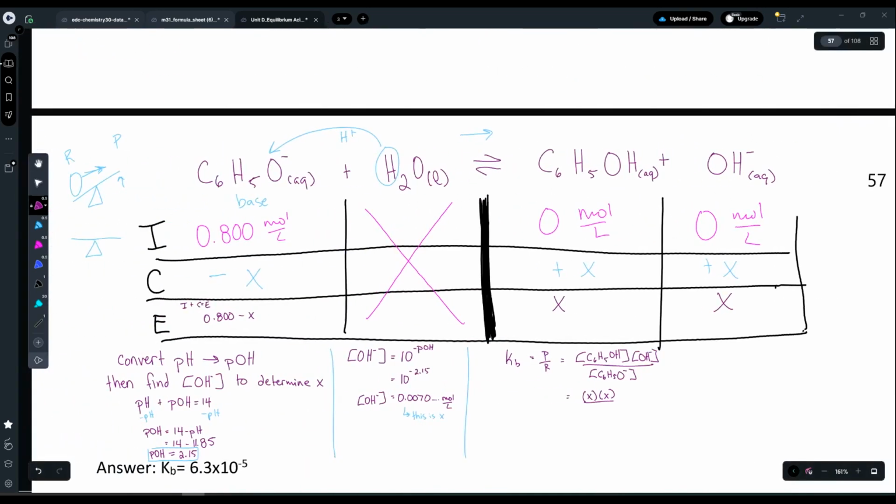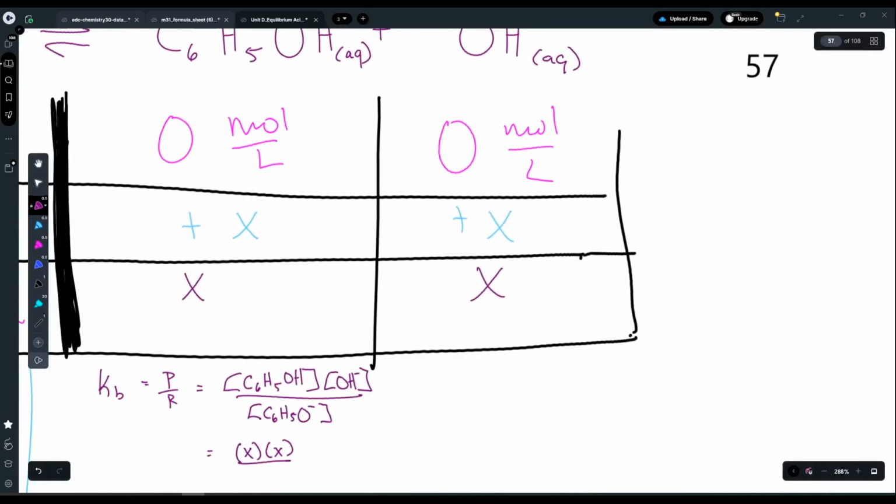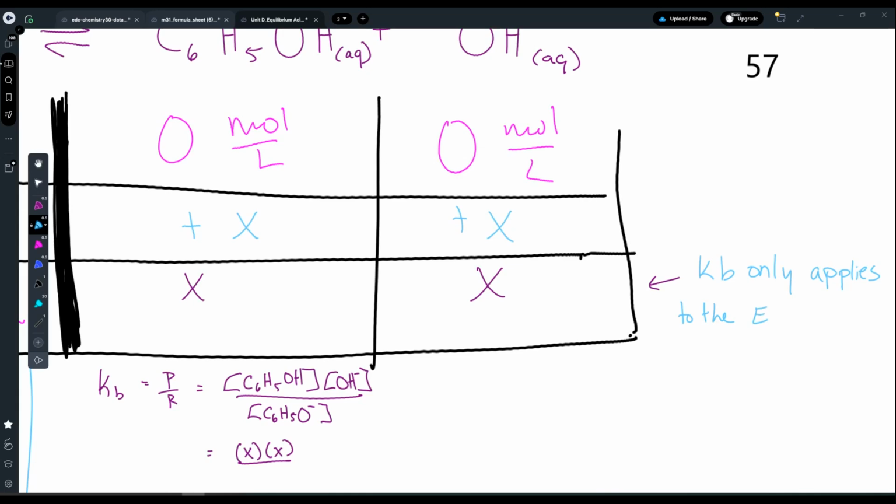And remember, because we're talking about the equilibrium constant, Kb only applies for the equilibrium row. It does not apply to the initial or the change rows.